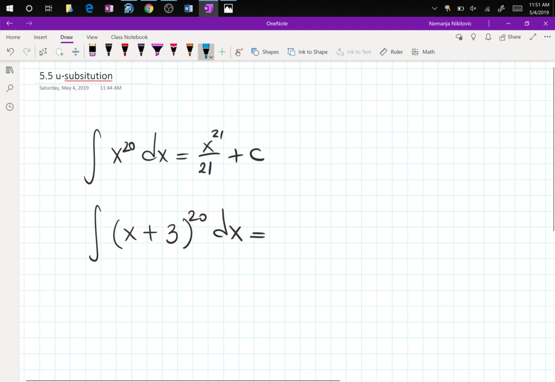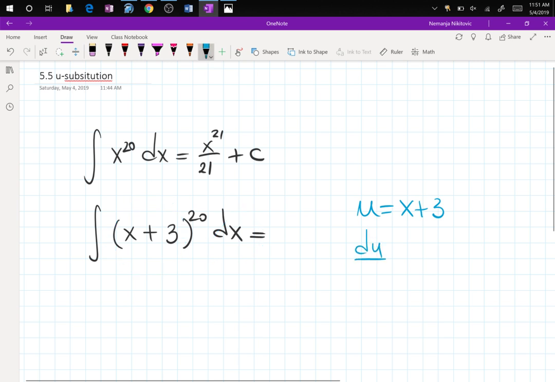You create that u equals x plus 3. So now you replaced your x plus 3 with a u, and now you have u to the 20th, which is great. We can integrate that. But then the problem is that you can't have u over here and have x over here. So you have to change that as well.